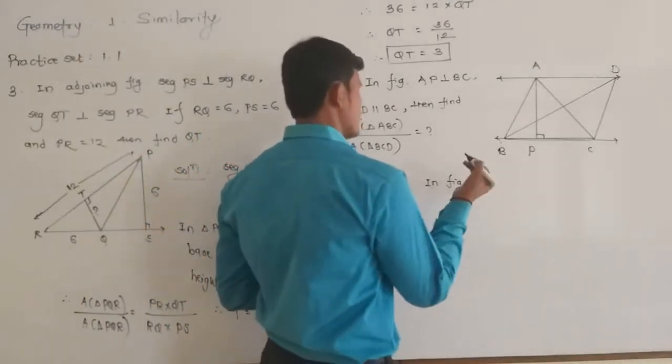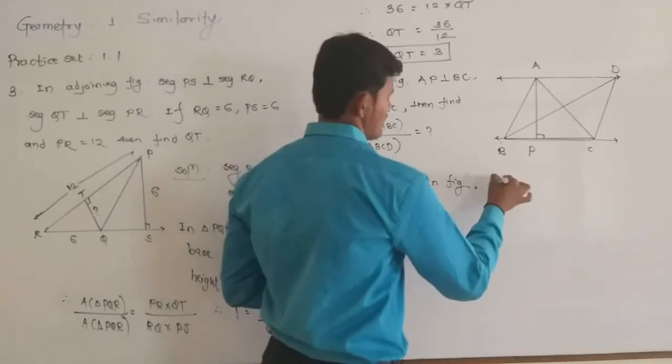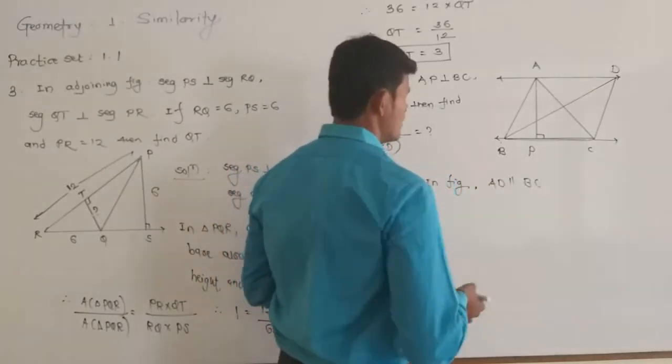So let's say in the figure, AD is parallel to BC.